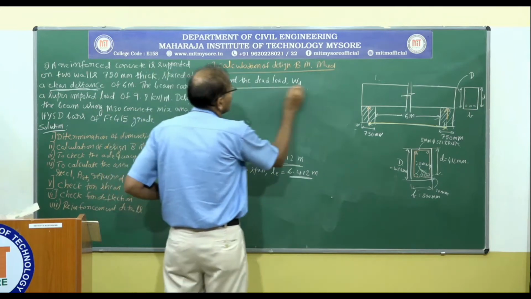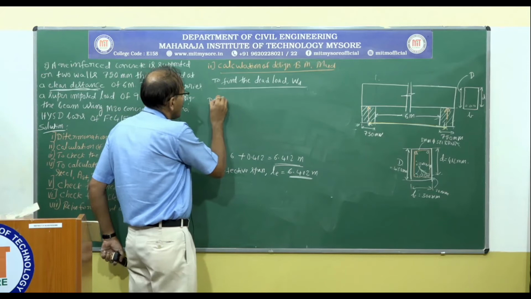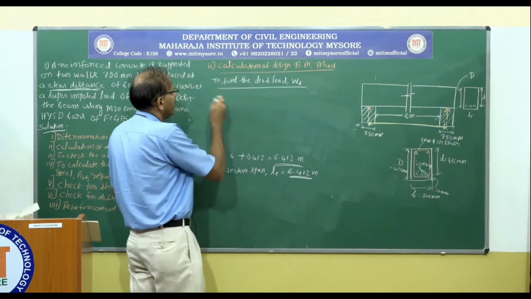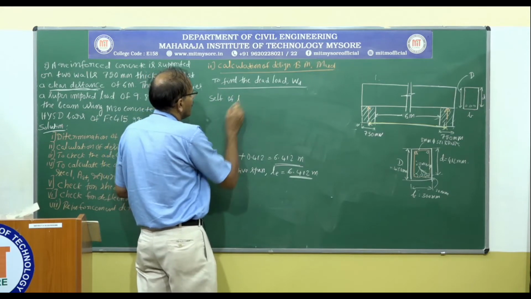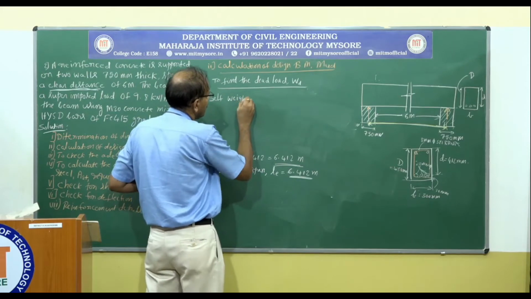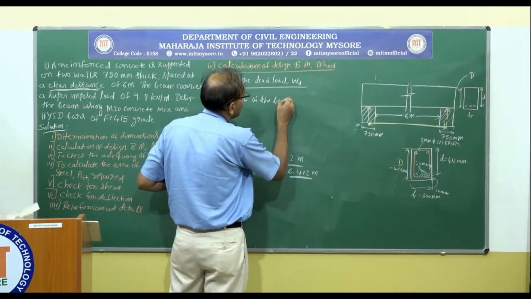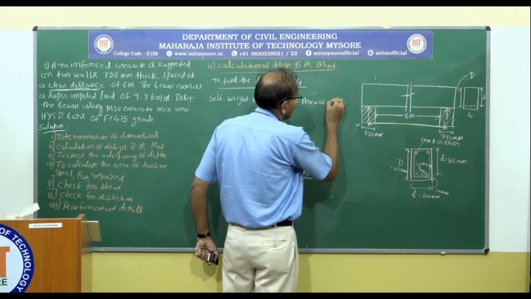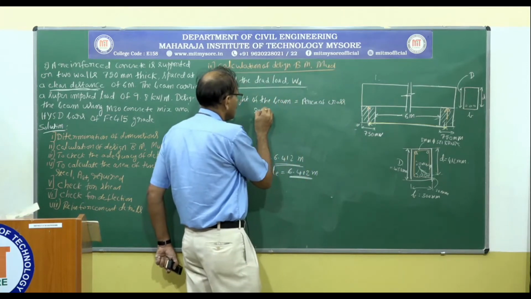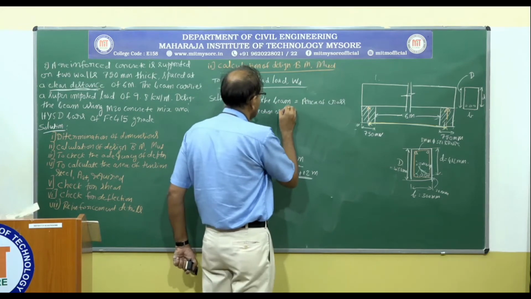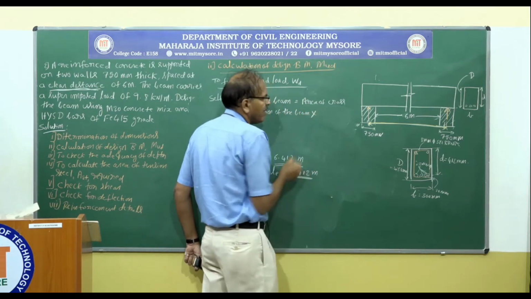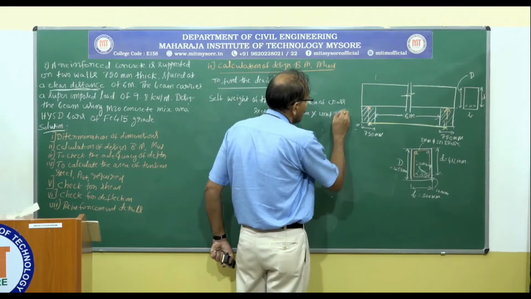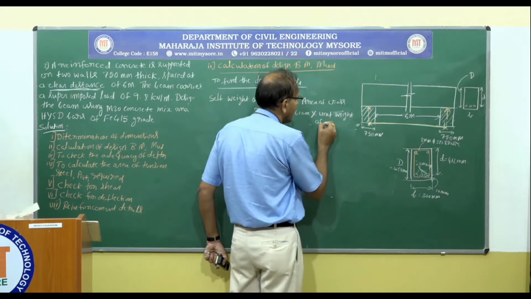So self weight of the beam equal to area of cross section of the beam multiplied by the unit weight of reinforced concrete.